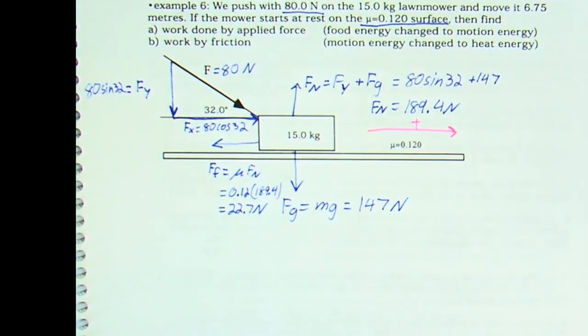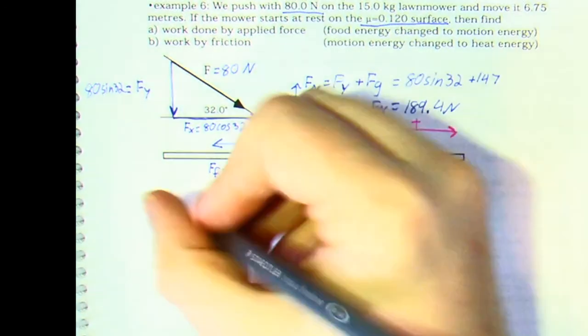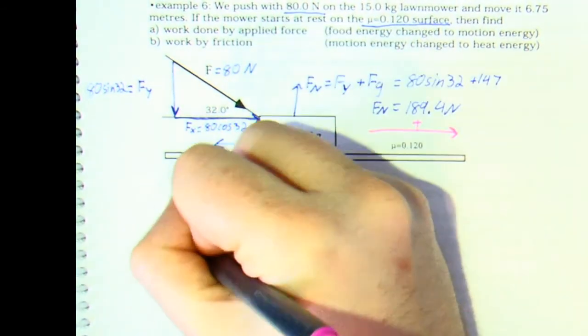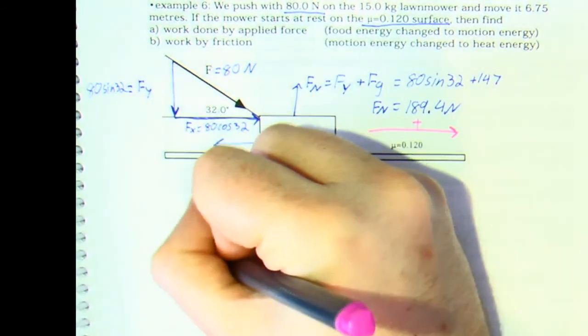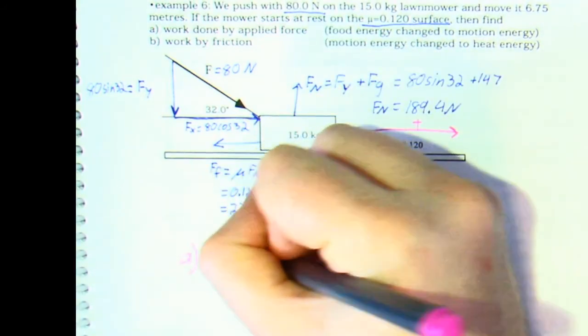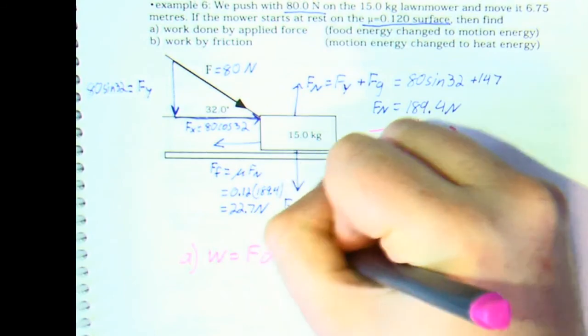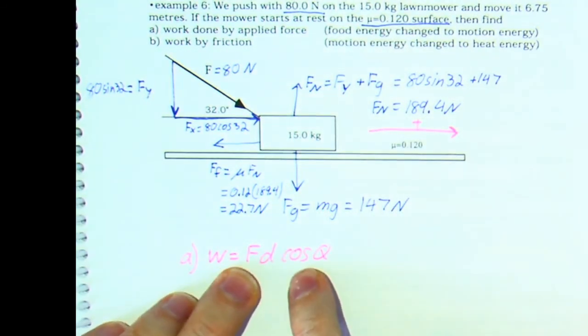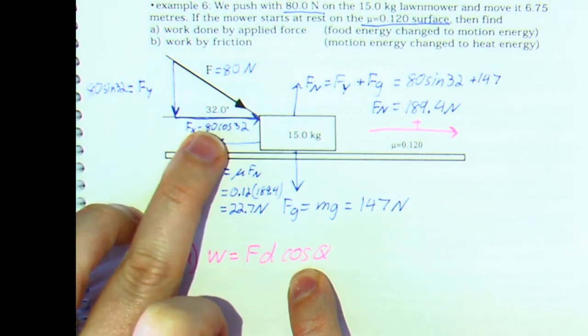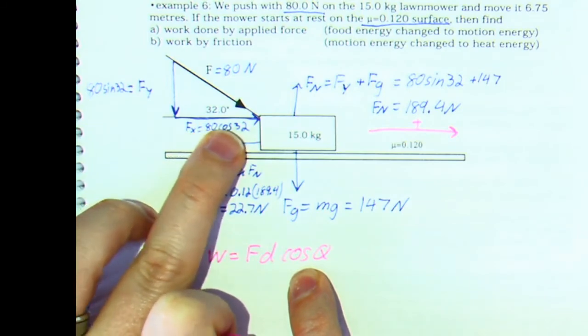So you want to know the work done by the applied force and the work done by friction. Here we go. The work done by the applied force is equal to my force times my distance times the cosine of the angle between them. This F cos theta is just Fx. If you look here, there's my F and my cos theta.